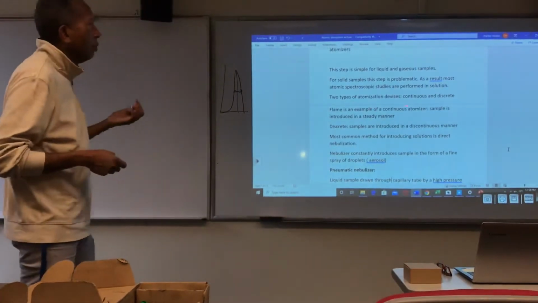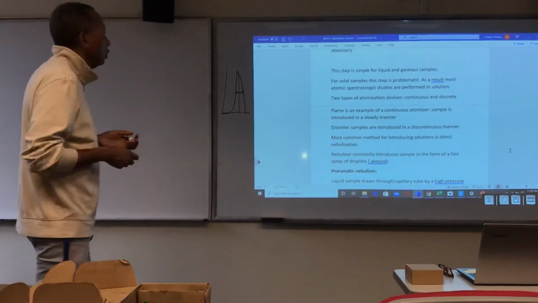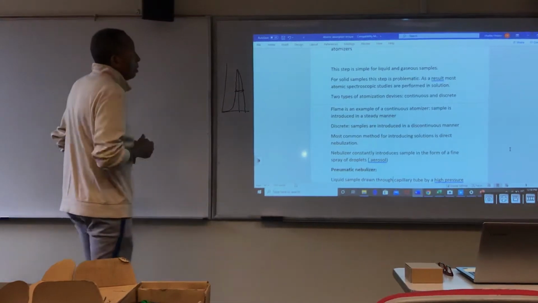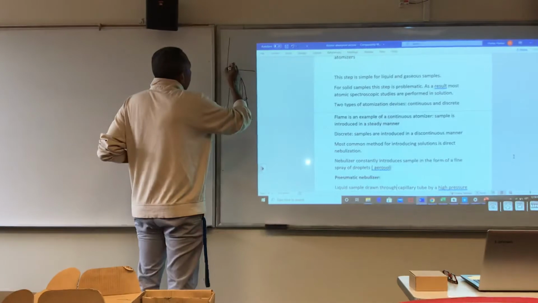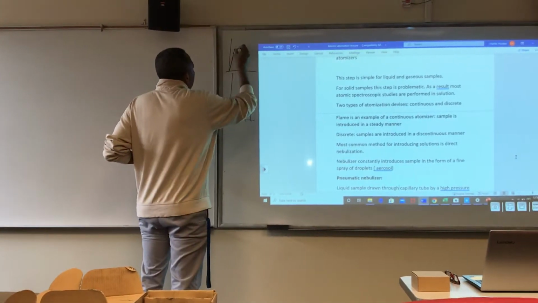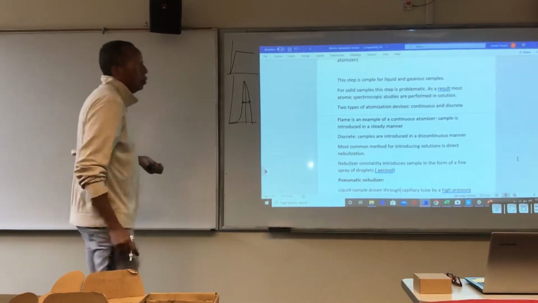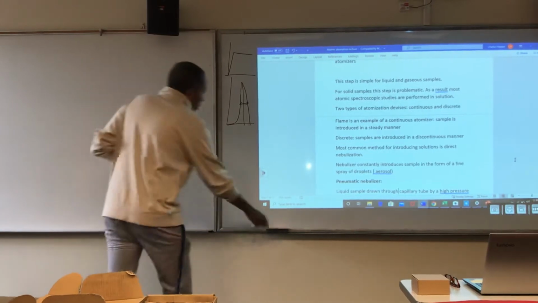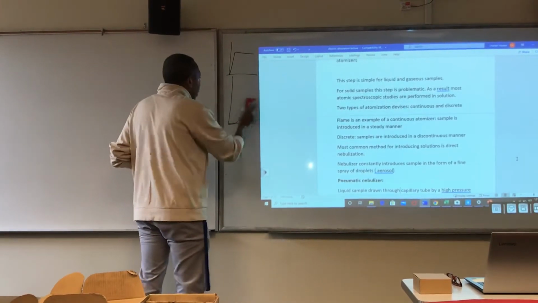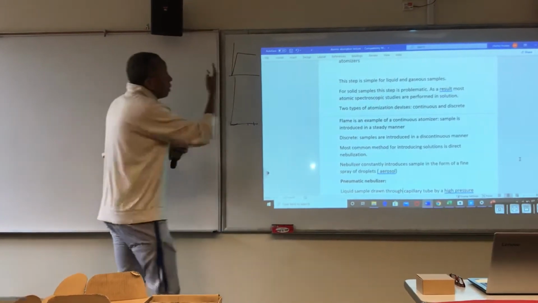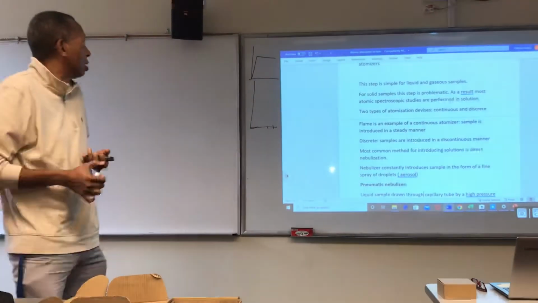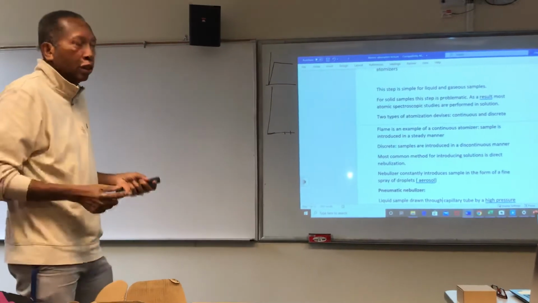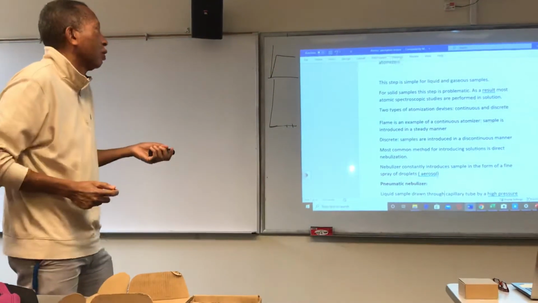And here we should remember this, we have two types of atomization devices, right? And we hinted at that. One is continuous. We start with nothing, it goes up to some value, and it's continuous. And to have a continuous output means that we must be constantly aspirating sample into the flame or whatever else we're looking at.